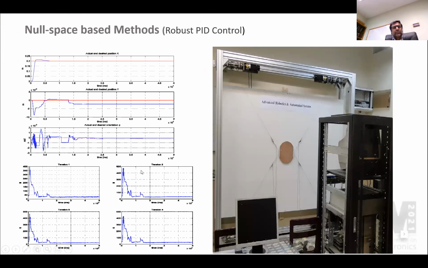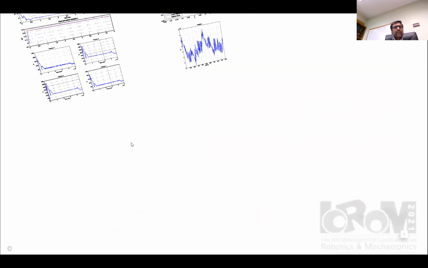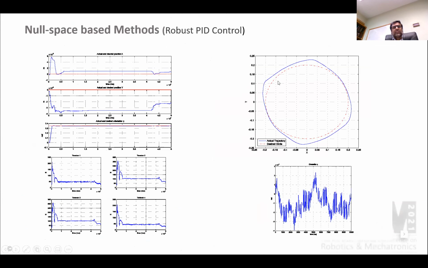As you see, when the desired positions are constant, this controller, robust PID control in combination with internal force, has a good performance. In another scenario, for a circular desired trajectory, this controller has average performance in tracking.